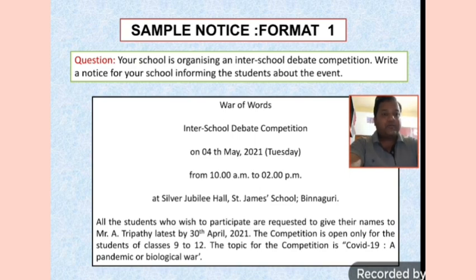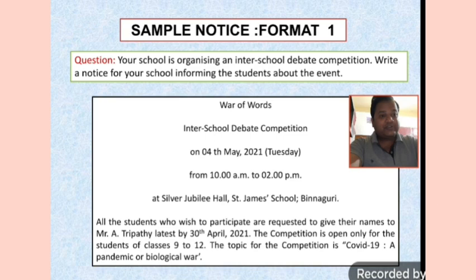Now here I would like you all to take note. 4th May, how is it written? When you type on a computer, the TH comes as a superscript. But while writing in the copy, you cannot write anything as a superscript. So it should come on the same line.